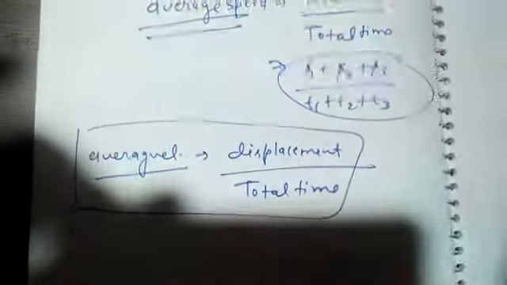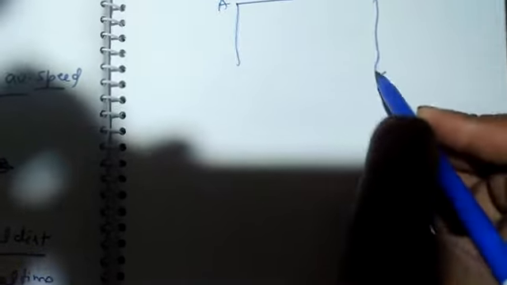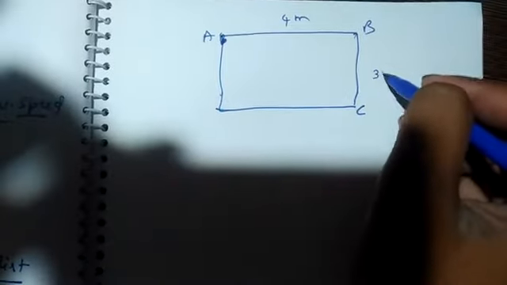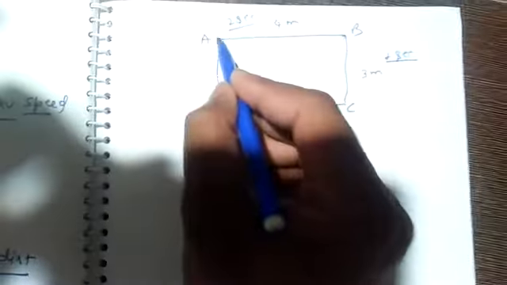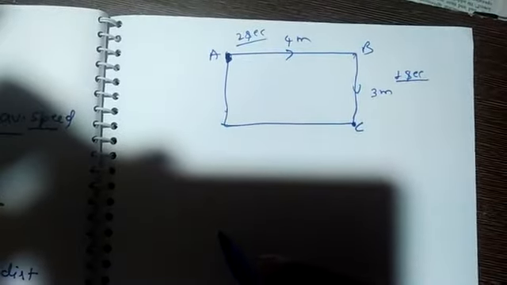Okay, you can see here in a numerical. Suppose a cow moved from this corner of the field to B, and from B to C. From A to B is 4 meters, and B to C is 3 meters. The time taken on the first path is 2 seconds, and on the second path 1 second, and it reached from A to C. Then what is its average speed and what is its average velocity?